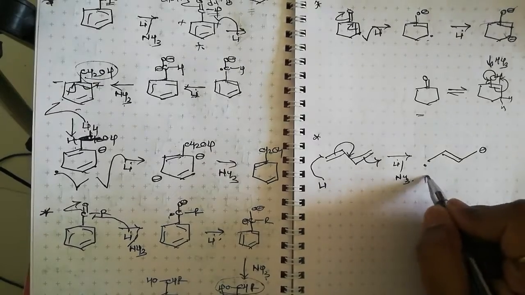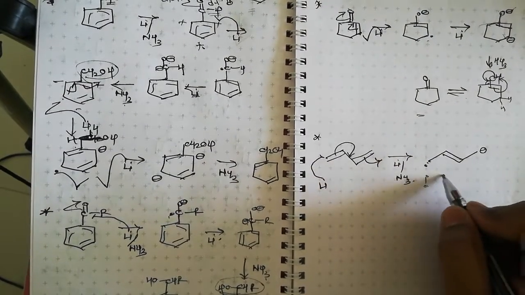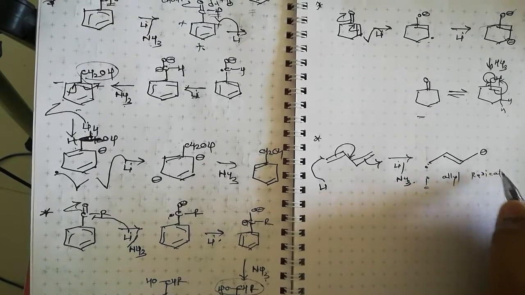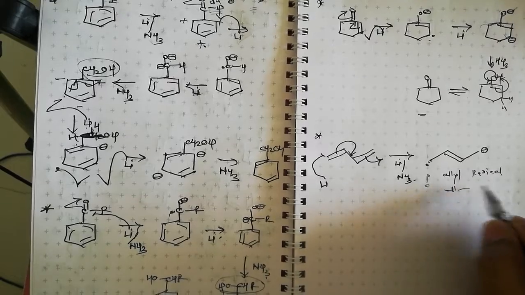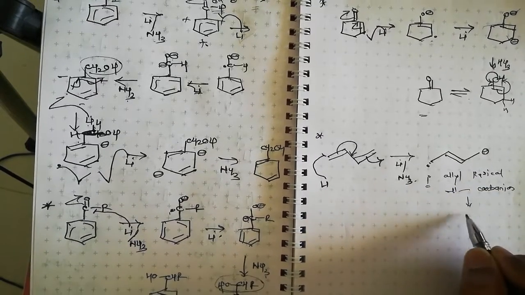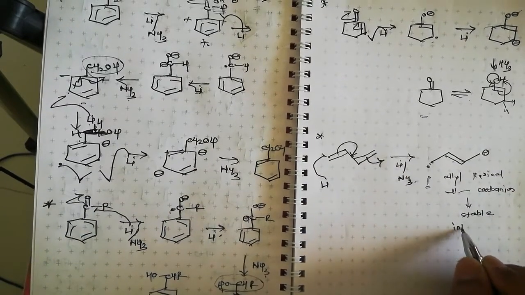As we know, the primary radical is unstable, but here this carbon is an allylic carbon, therefore it is an allylic radical, and this is an allylic carbanion. Both are stable. Why? Because this internal double bond is more stable.